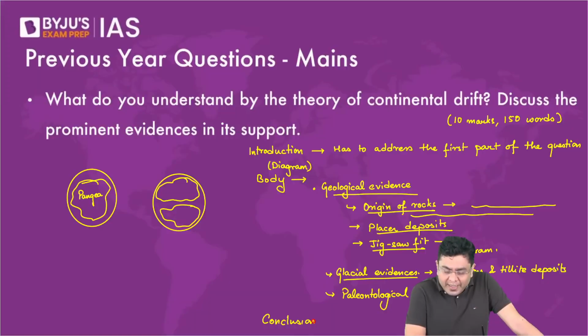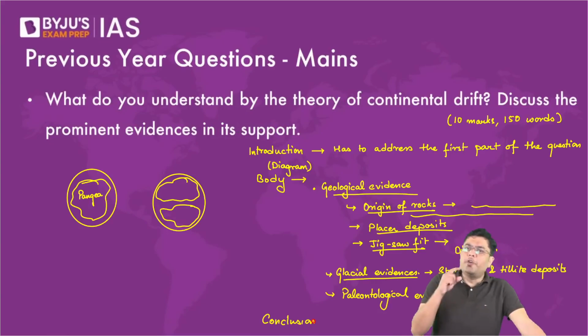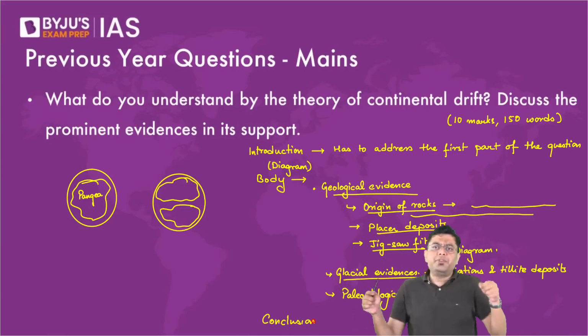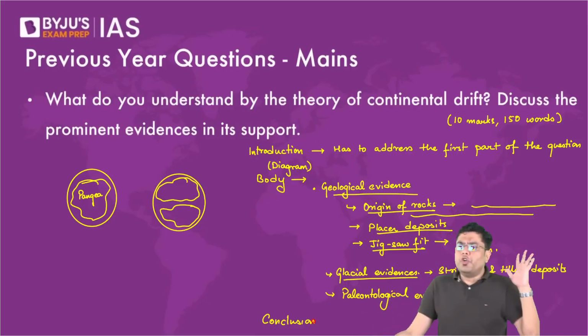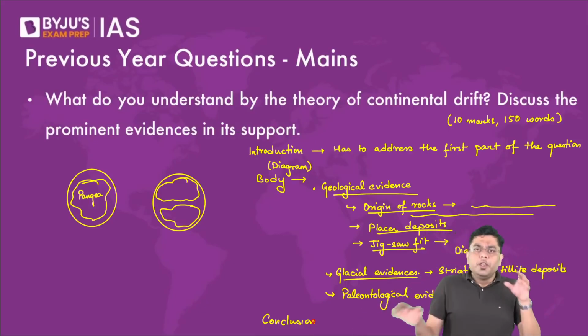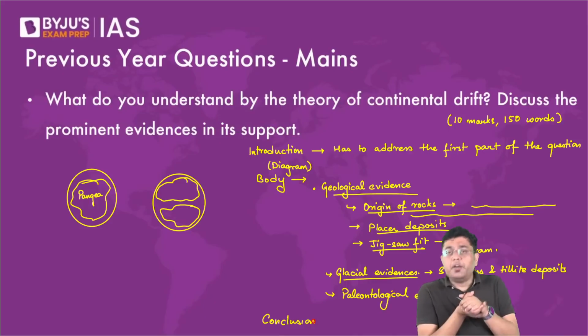When you write the conclusion, it is generally a summarization of everything that you have written above. So based on the above set of evidences, or if you have already written that portion in the body, you can write that the continental drift theory was very instrumental in helping us understand that the continents can indeed move.